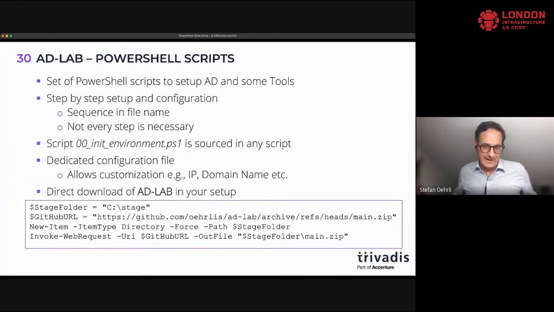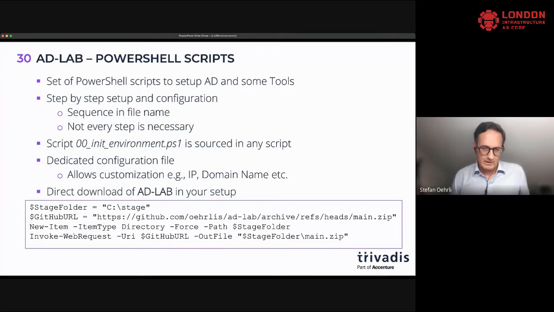So my AD-LAB-POWERSHELL scripts, as I said, are a set of PowerShell scripts. They do set up the AD, and they also do set up a couple of tools. The tools are basically the ones which I use for my Oracle engineering stuff, but nevertheless, this can be enhanced as needed.